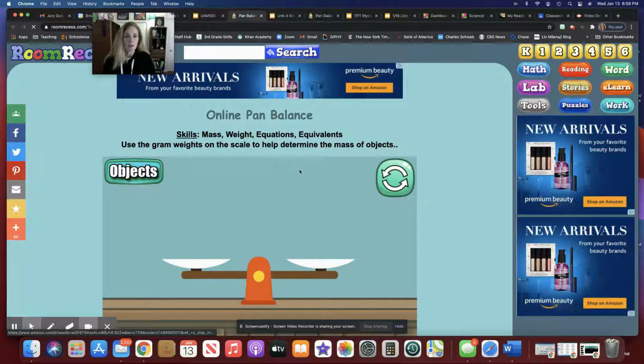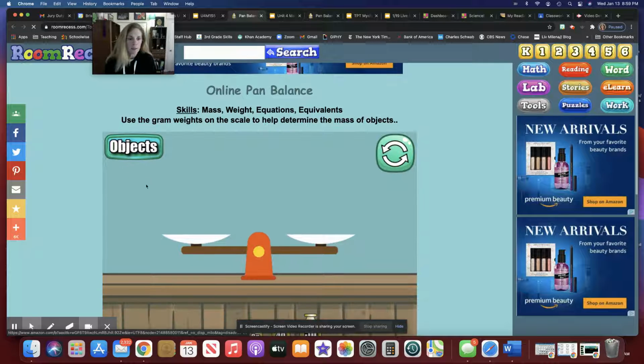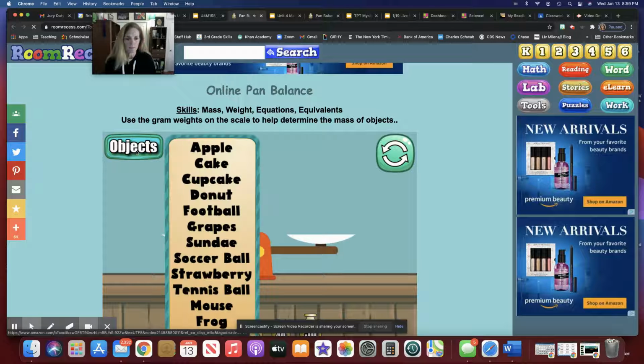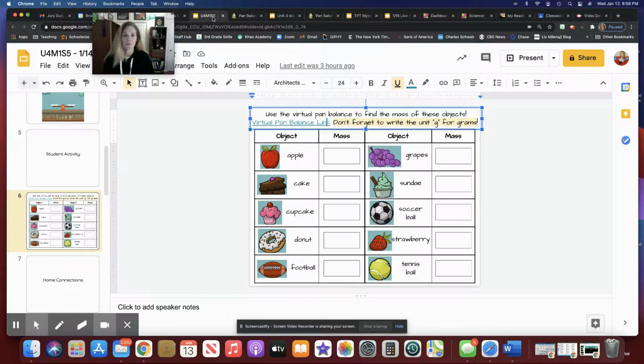The new website says Online Pan Balance, and you can click on this word objects. And you're going to see this long list. Well, guess what? That long list is the same as this list, sort of.